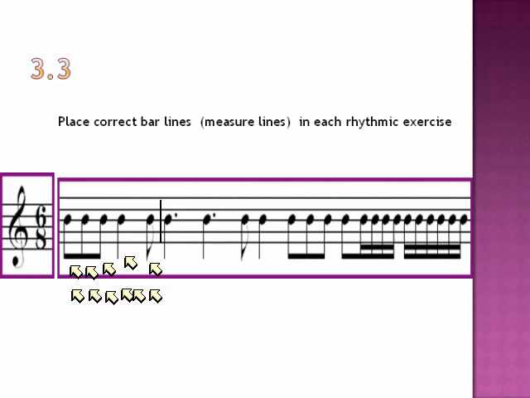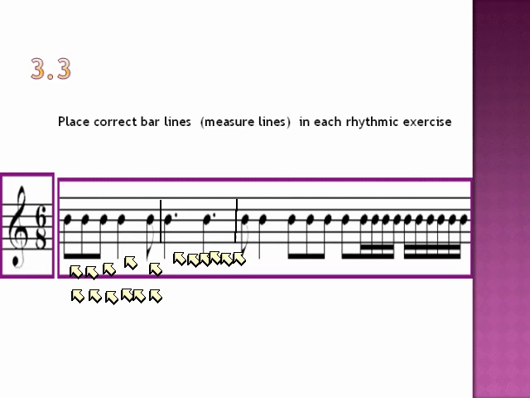Going on. In 6/8 time, with an eighth note getting 1 beat, a dotted quarter gets 3 beats. There's another dotted quarter, 3 beats. So the dotted quarter for 3 beats plus another dotted quarter for 3 beats equals 6 beats.